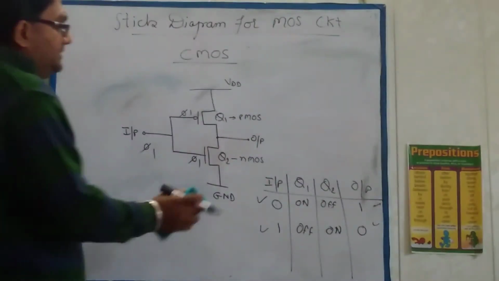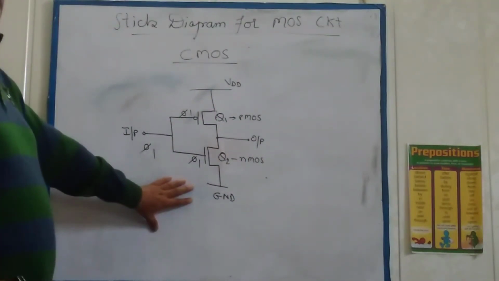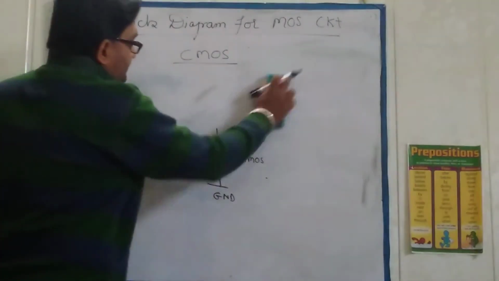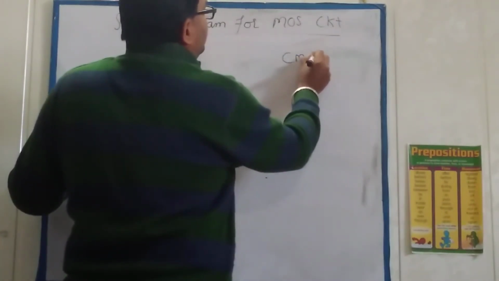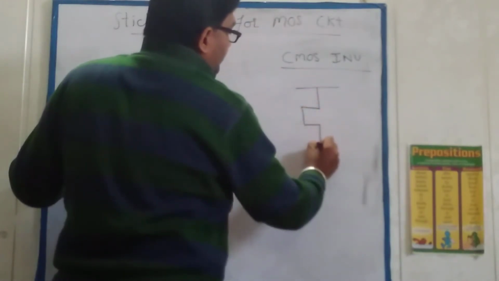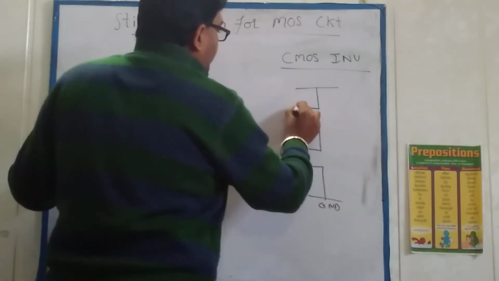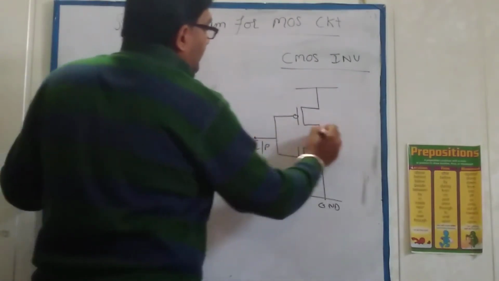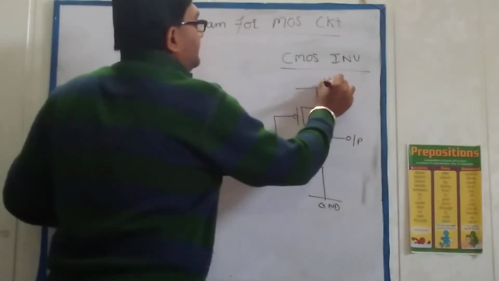Now let us see how to draw the stick diagram for the CMOS circuit. Let us take the circuit as it is. Let us take the CMOS inverter here, with VDD, ground, and the output here.